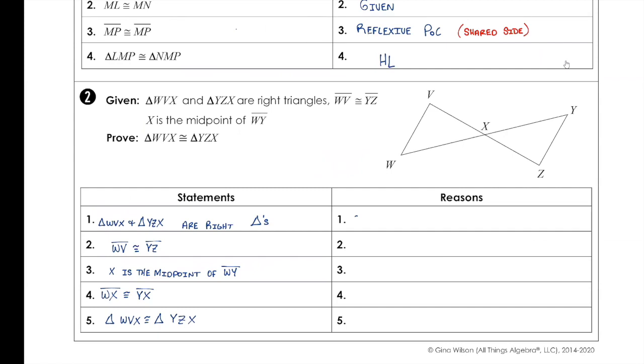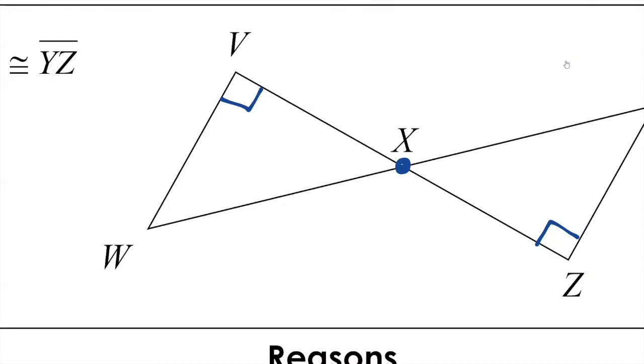WVX and XYZ are right triangles. Let's mark that right triangle. And then it says X is the midpoint of WY. So what does it mean to be the midpoint?